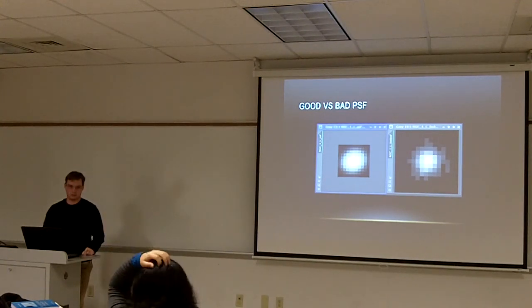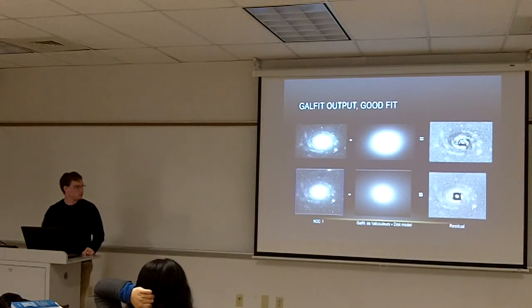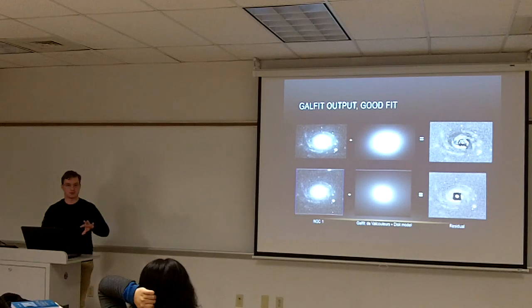Can you go back one slide, I think? Yeah, so those models, it looks like there's no disk add-on. Right, so there's no spiral arms in this. That's what I was talking about at the end of the conclusion, that after I started doing this, I realized that there's a lot more detail to the coding, and that I would need to put in a whole bunch more code to be able to make spiral arms.